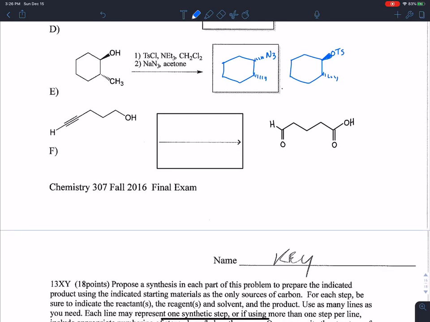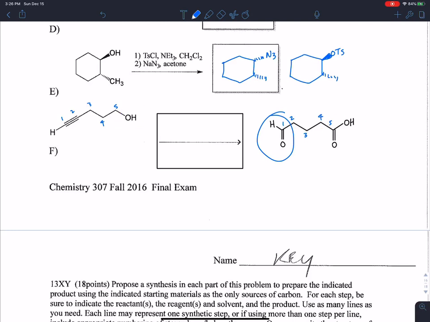Next question is a little tricky. So look, I have a total of 1, 2, 3, 4, 5 atoms here, and then I also have 1, 2, 3, 4, 5 atoms there. The triple bond is turning into an aldehyde, so I'm thinking Sia2BH, the hydroboration reaction, but notice this alcohol turned into a carboxylic acid.